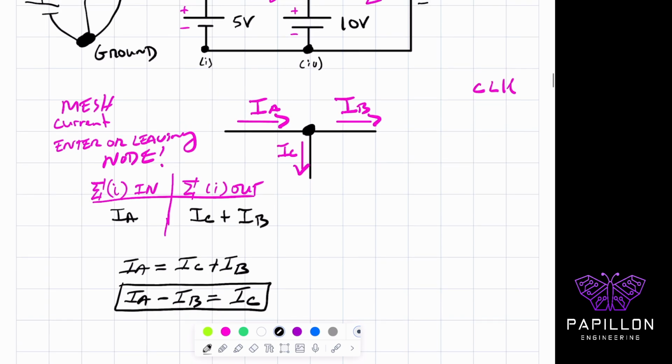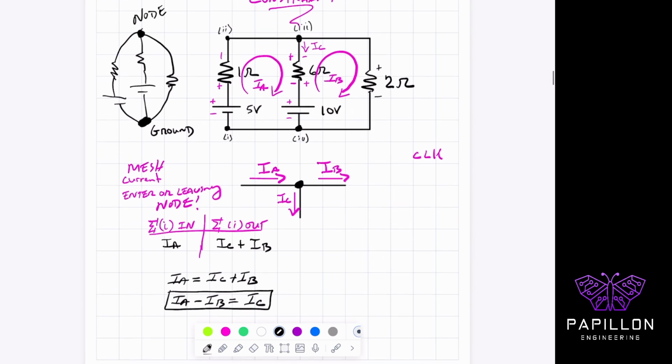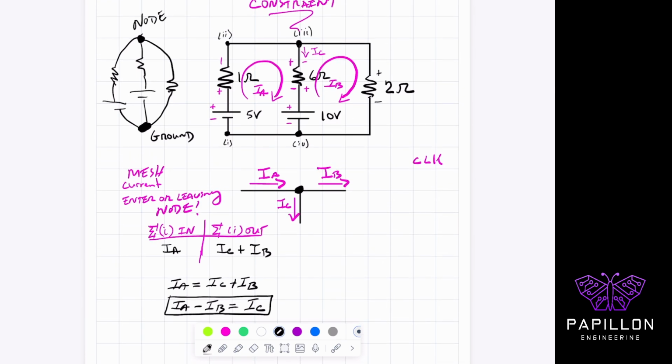Okay, so that's number one when we're looking at this. Let me zoom out a little bit so you can see my entire screen. IC equals IA minus IB. Okay, and that's based on the flow of the charge, right? We're just going to go clockwise. This is what we're observing through it.